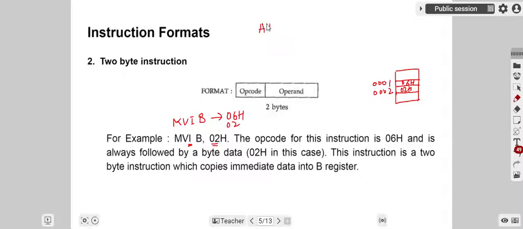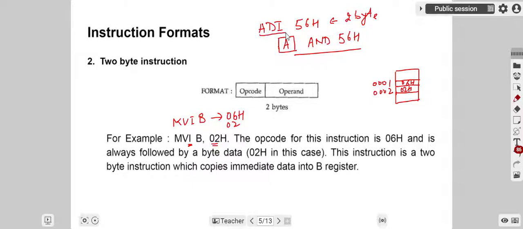You can take a lot of examples of these kinds of instructions. For example, ADI 56H: the contents of the accumulator are added with 56H data. This instruction is also a 2 byte instruction.